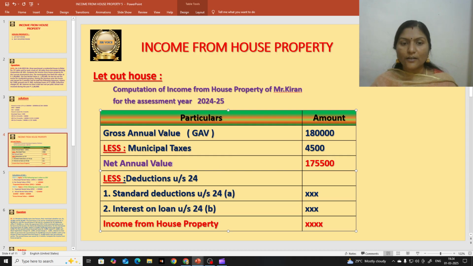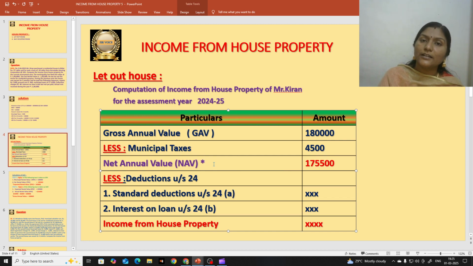So we can call it net annual value, NAV. You should name it as net annual value, NAV. And from NAV we are going to deduct two deductions under section 24.